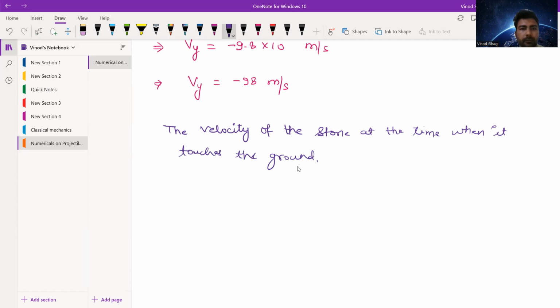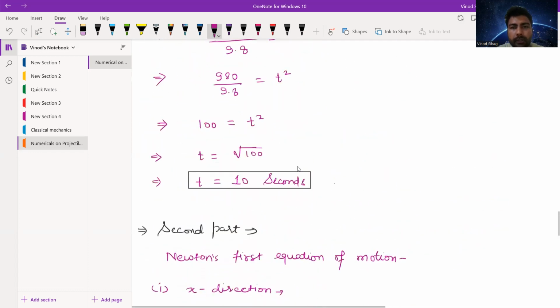It will be V vector equals, you know the vector quantity? Okay. So V vector will be Vx i cap plus Vy j cap. Now V vector will be 15 i cap minus 98 j cap, and the unit will be meter per second.